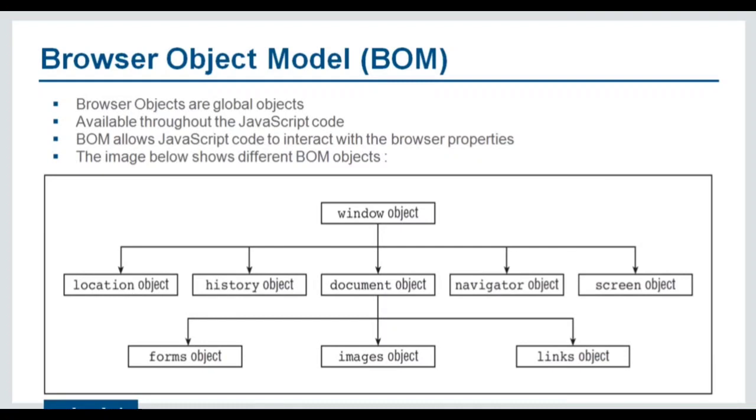Similar to that, we have one more object that is also given by the browser to us. The name of that object is the window object, which is also called the browser object model. Let's see its hierarchy, how it looks. If you want to make some changes related to the window you see, currently when you open up your HTML, you see a window, right?